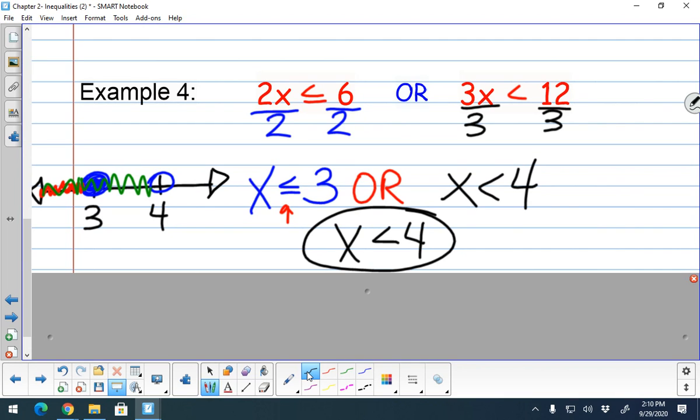Yes, it does work, because it's equal to 3 times 3. But what about 3.5 or 3.75 or 3.99999? Wait, it still does. It is still less than 3. But I need to be less than 6. So am I allowed to record my answer as X is less than 4 without having that or statement listed? Maybe not.